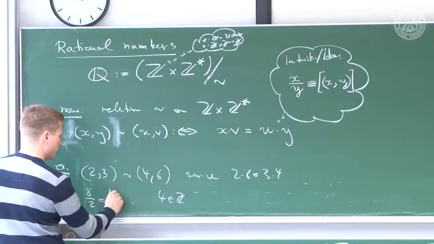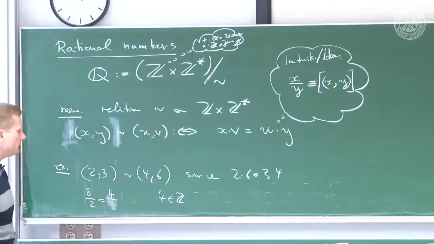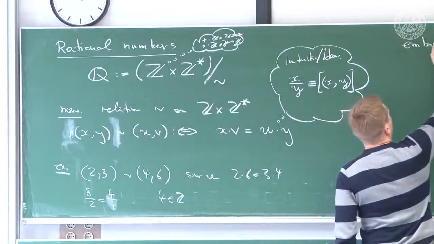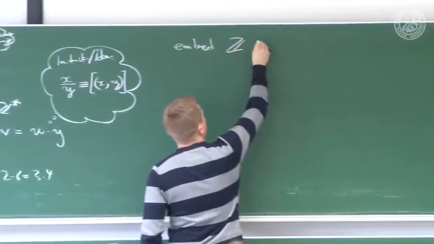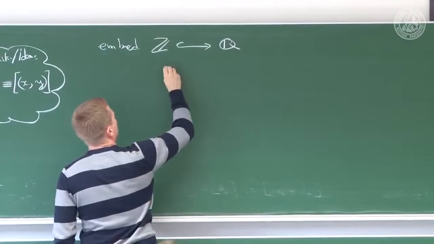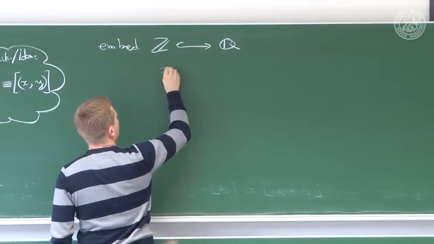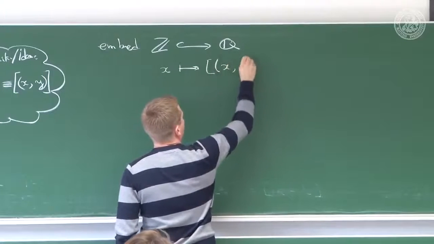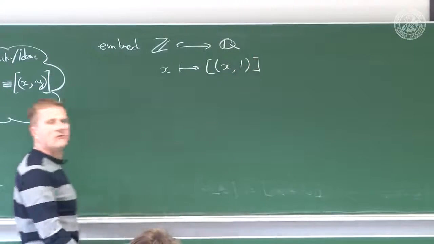Well, it's the same as the fraction 4 over 1, and if you wish, you can embed the integers into the rationals by saying an integer x is now being represented by x comma 1, by x over 1.